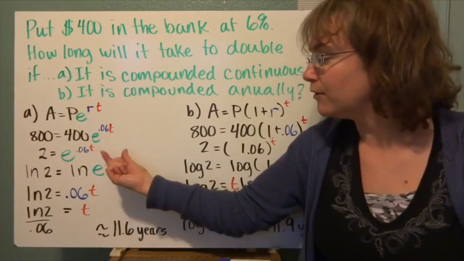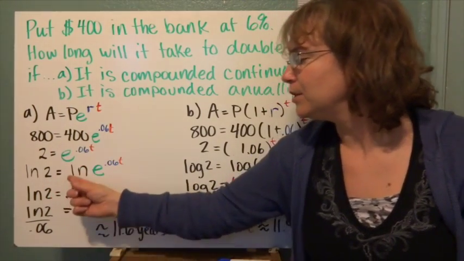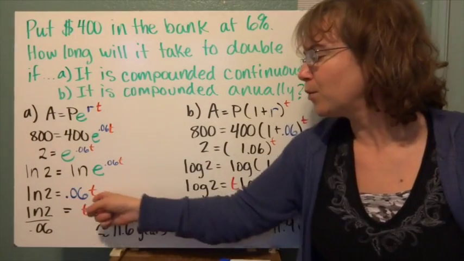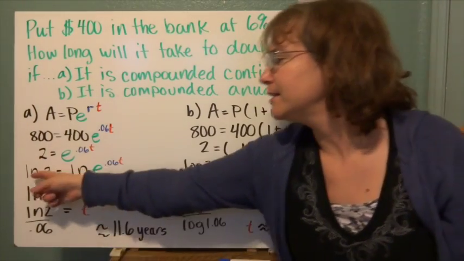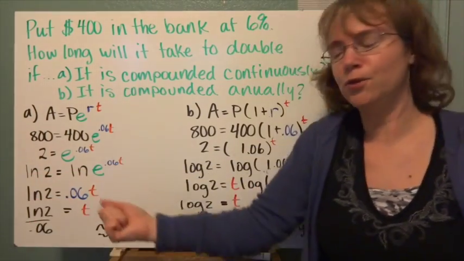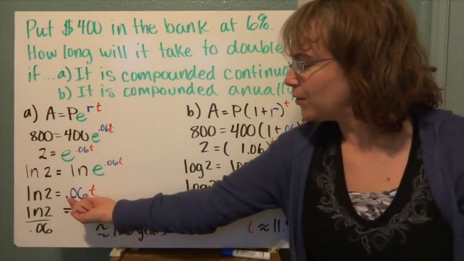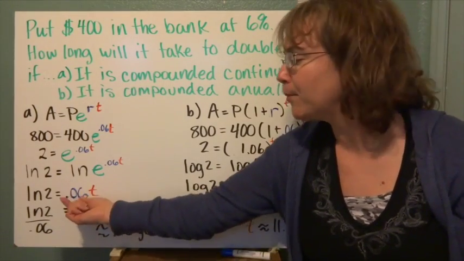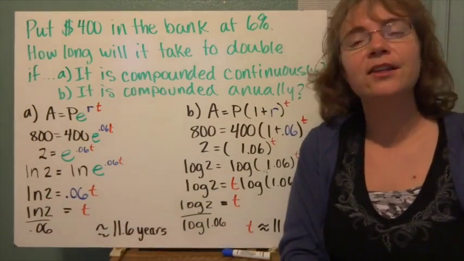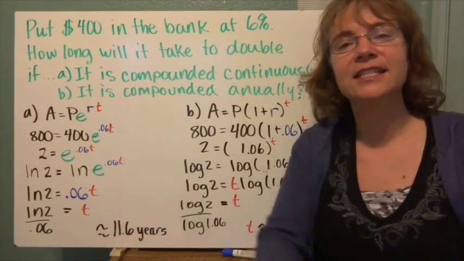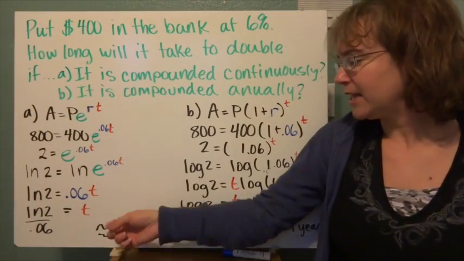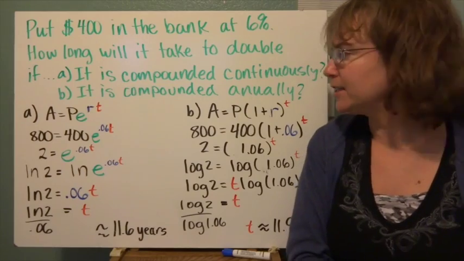Either way you do that, if you brought this out in front, you would know ln of e is 1 and it's just 0.06t. On this side I still have ln of 2. And then you can just go ahead and solve for t by dividing by 0.06. So ln of 2 divided by 0.06 equals t. And so that's approximately 11.6 years.